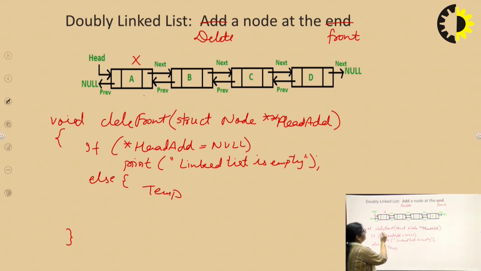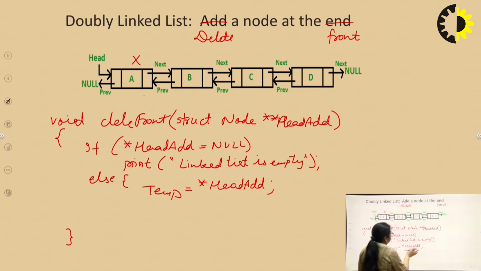We declare struct node star temp. Why am I using temp? Because I have to take this node out from the list and then free the memory. So temp I am taking as the content at head address.